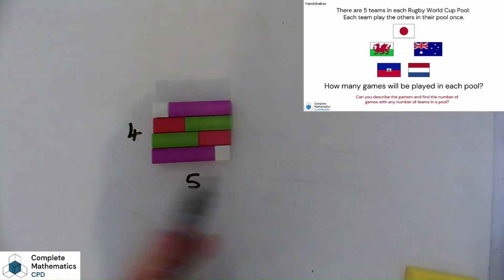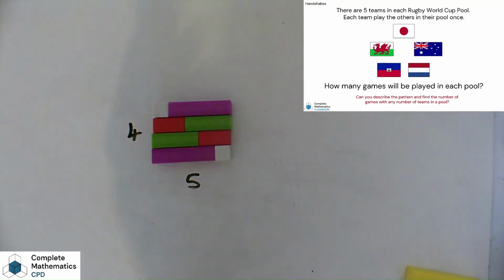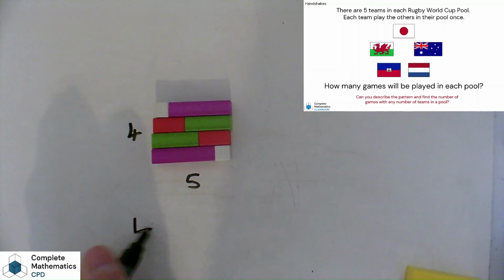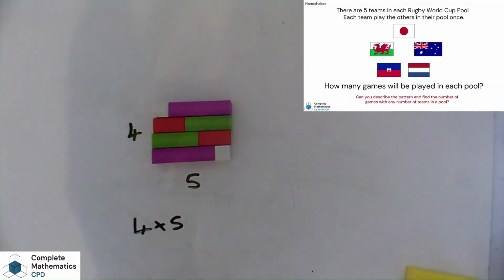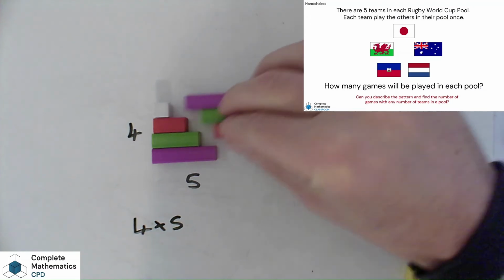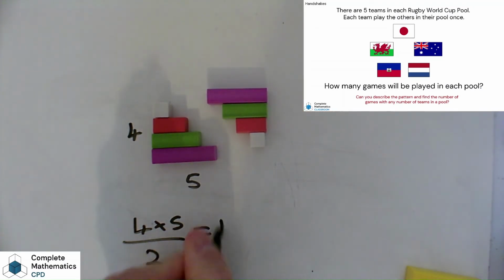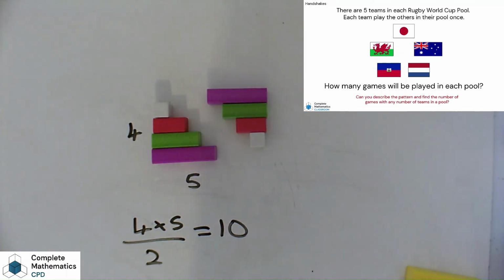And you can see the width is 1 more than the height. So to work out its area, I'd do 4 times 5, which is 20. But then recall that I made an exact copy of this, so I'd need to get rid of half of the rectangle. So I'd divide it by 2, which gives me my answer of 10. 10 games were played when there were 5 teams in the group.